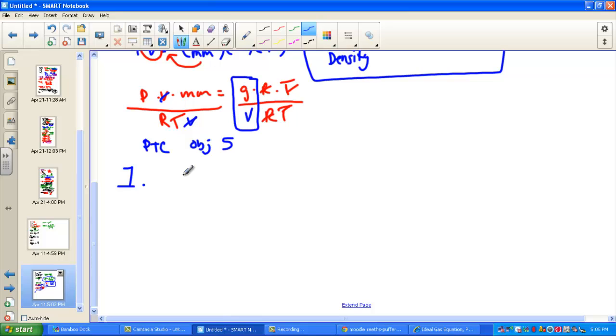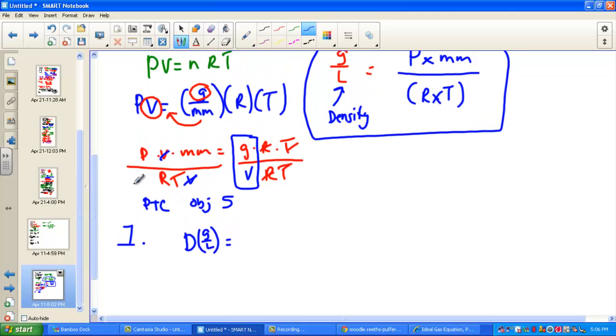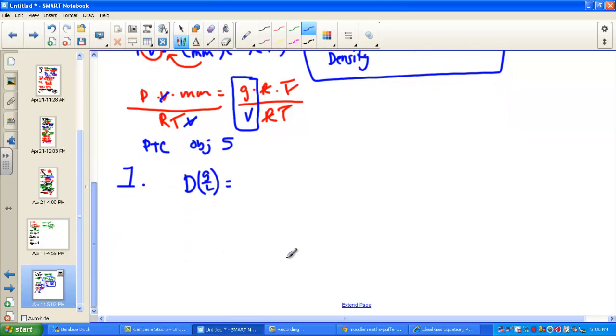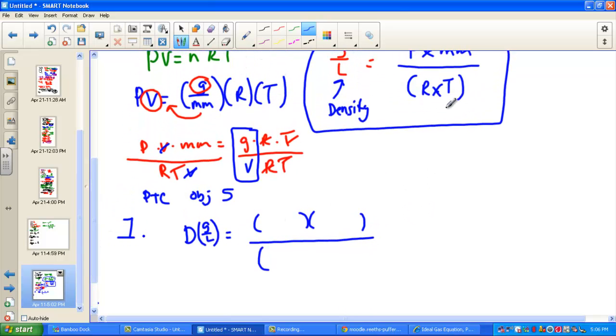Calculate the density, D, in grams per liter. Recall what we need: P times molar mass over R times T. Let's get our parentheses ready: pressure times the molar mass over the product of R times T.